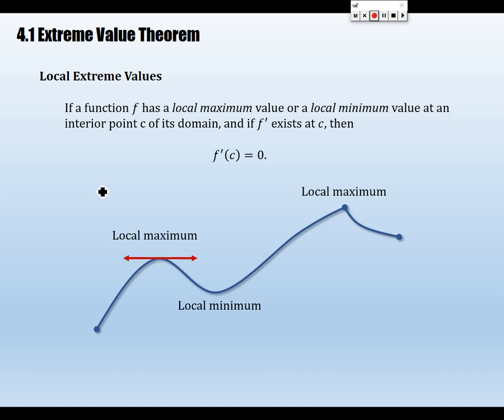So that's this place and this place, for example. And again, I have a note at the bottom. The converse is not true.